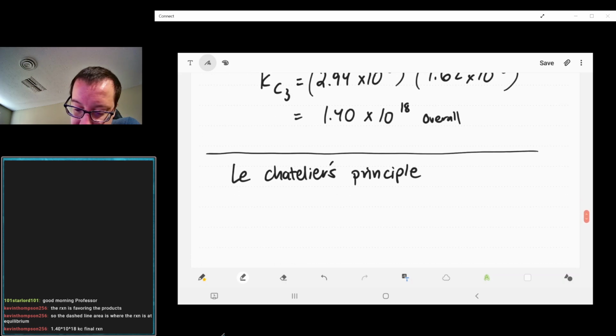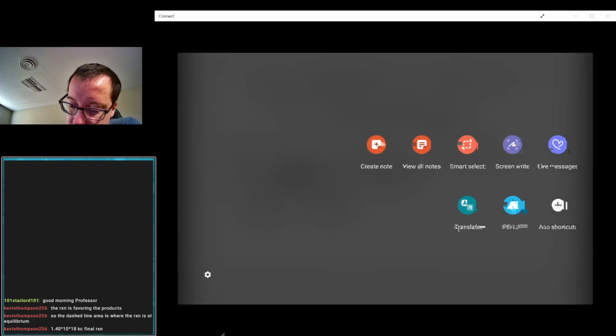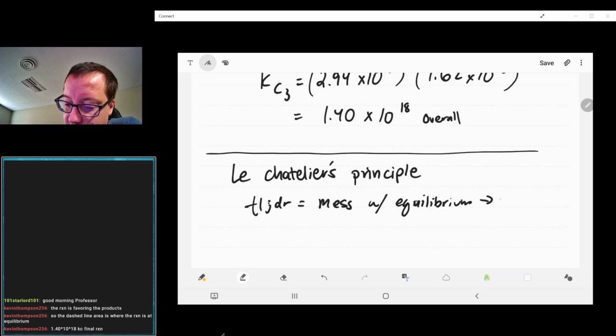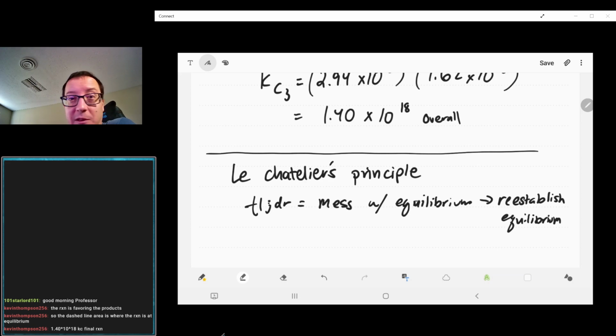The TLDR of this is that if you mess with an equilibrium, it will try to reestablish itself. That's essentially what we're going to be looking at here.